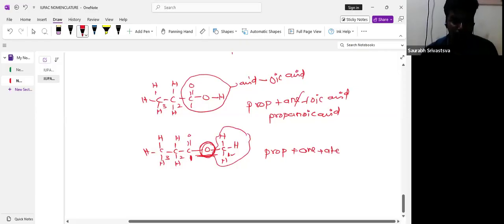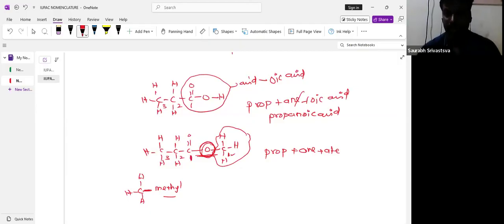What is the substituent? Carbon with 3 hydrogen and here a hyphen. Why am I taking a hyphen? Because the oxygen is connected, no? So that's why the hyphen. Then what is the name of that? METH, meth YL, methyl. It is insufficient, no? So that's the reason. So here you have to write propanoate.